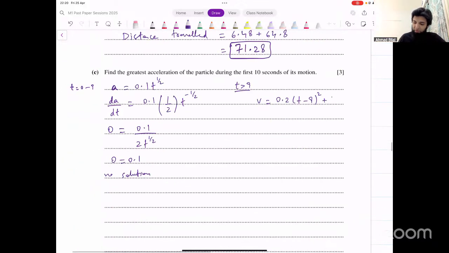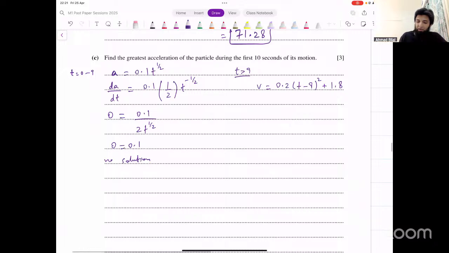That is the velocity function. Now, how do you find the acceleration function from this? You differentiate this. 0.2 into 2 multiplied by the power, subtract 1 from the power, and multiply by the derivative of what is inside.